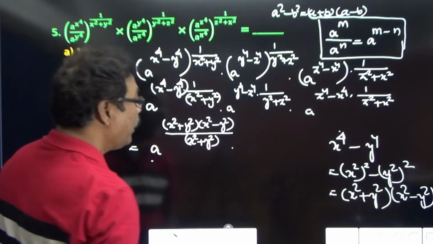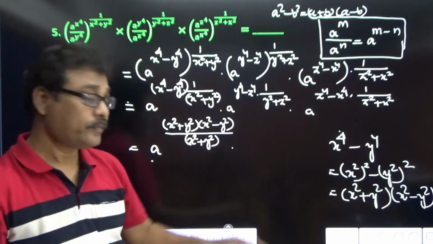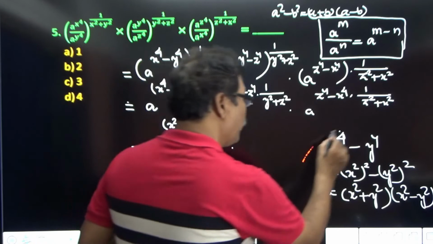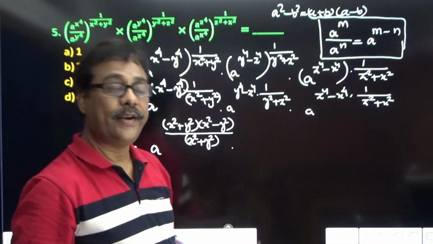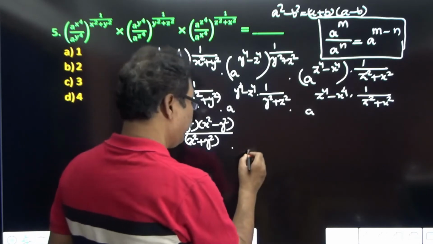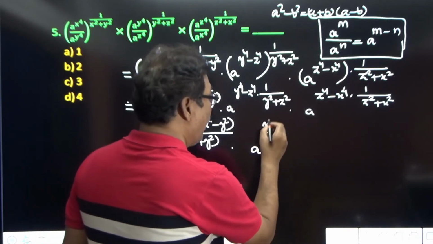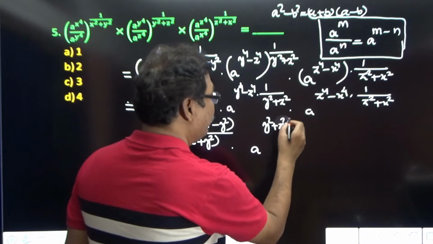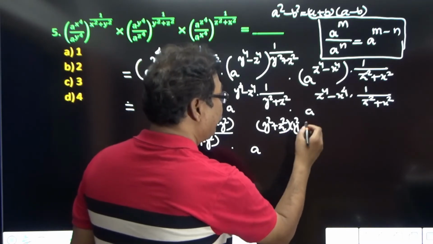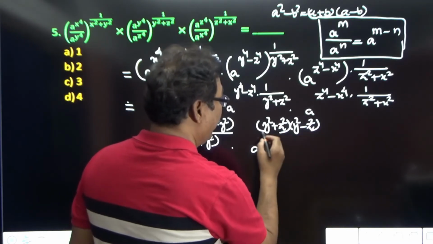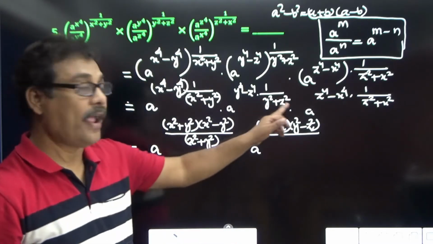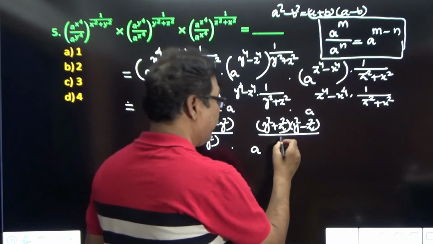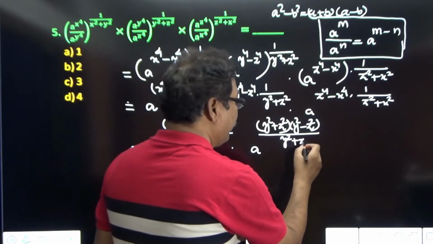Okay. Now let's come to the next one. For the next one, there will be y square plus z square into y square minus z square. So we will get a to the power y square plus z square into y square minus z square divided by y square plus z square.